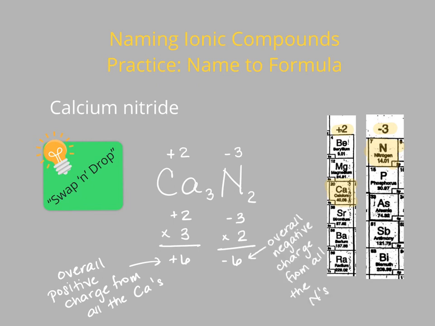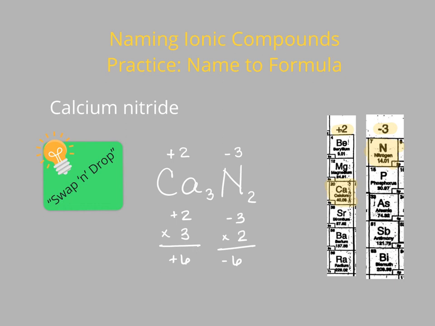And as we wanted, our overall positive charge and our overall negative charge balance each other out. I have a total +6, which is balanced out with my total -6. So overall, this ionic compound has a charge of 0, which is what we need to accomplish in all of our ionic compounds when going from name to formula.